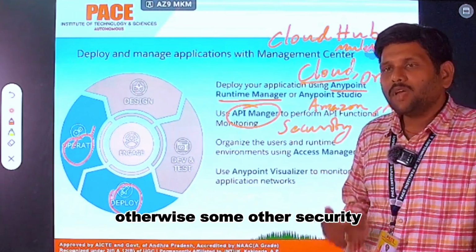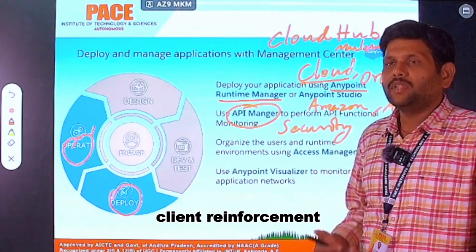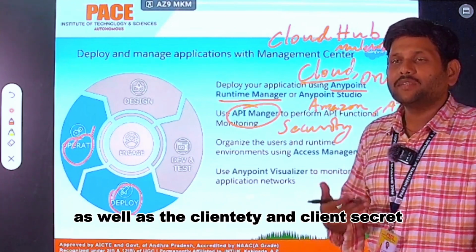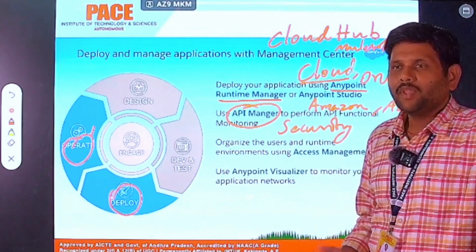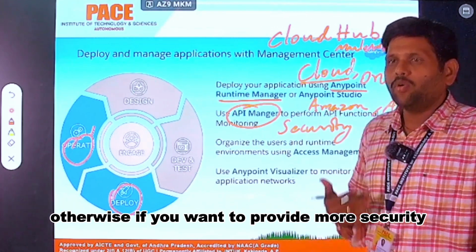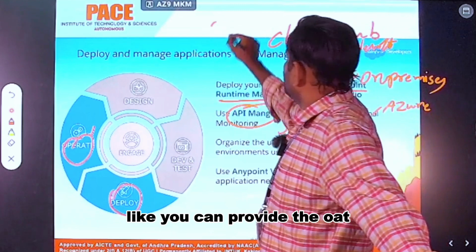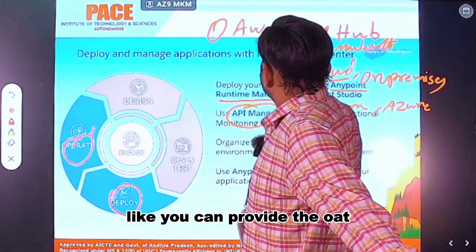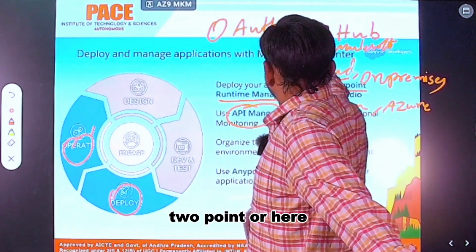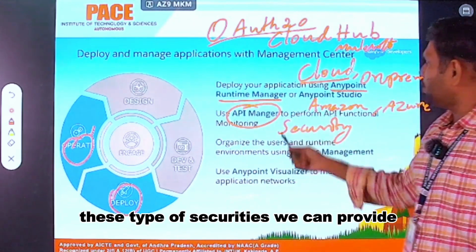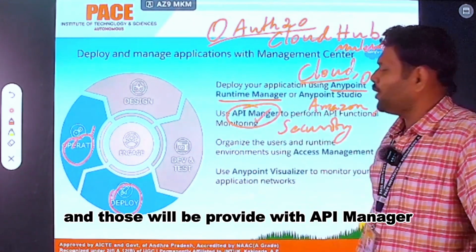Another is client ID enforcement, where the user has to provide the username and password as well as the client ID and client secret. If you want to provide more security, then you can use OAuth 2.0. These types of security we can provide, and those are provided with API Manager.